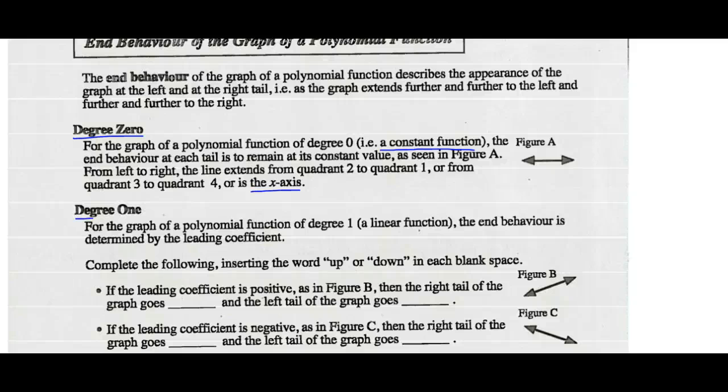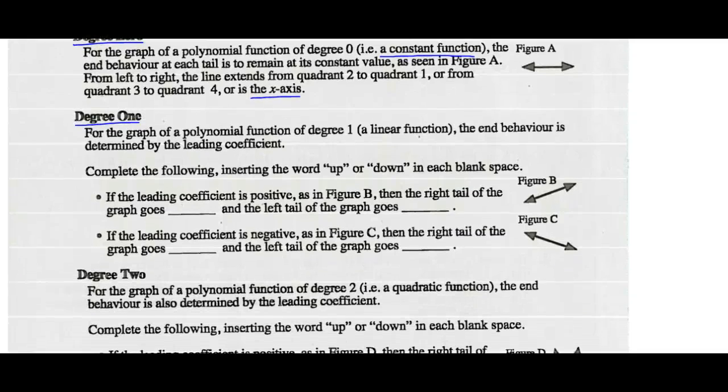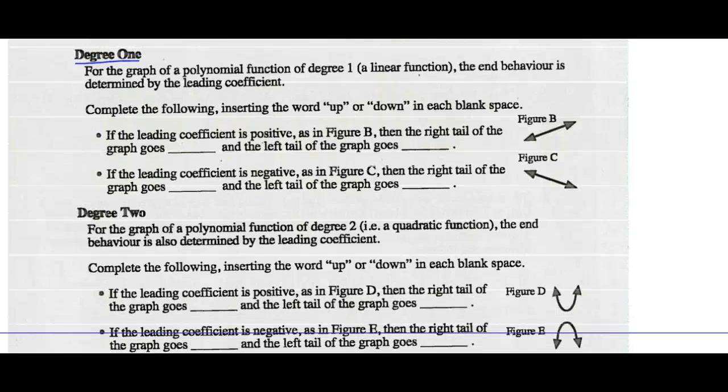A degree 1 function, for the graphs of polynomial functions of degree 1, which we call linear, the end behavior is determined by the leading coefficient. So complete the following by inserting the word up or down in the blank space. If the leading coefficient is positive, as in figure B, then the right tail of the graph will go up.